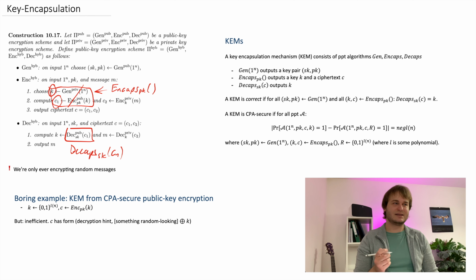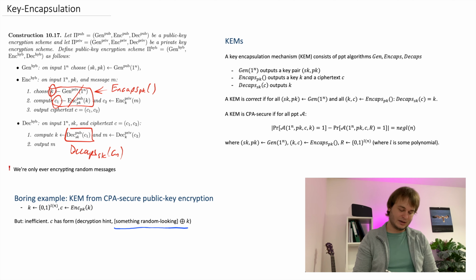But why do I say this is inefficient? Think about how every single one of the public key encryption schemes that you've seen, what those look like. They've all been of this form. They contained a part where they have blinded the message with some random looking value.